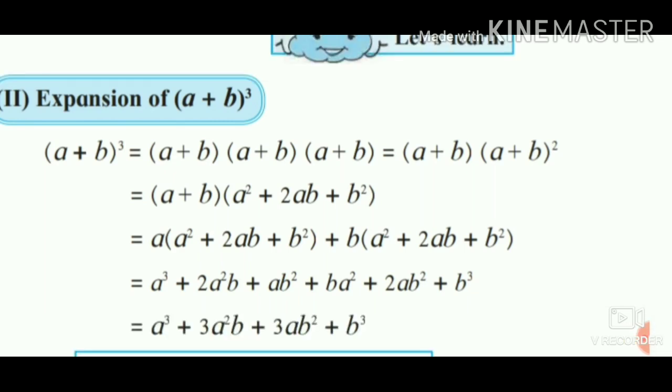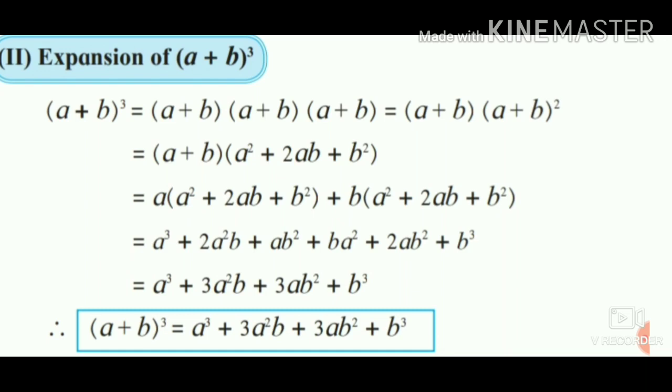So 1a square b and 2a square b will get added, and you will get 3a square b. So 2 plus 1 is 3. Whereas again you see ab square is coming once, and the next is written as 2ab square. So 2ab square plus ab square will give you 3ab square, plus b cube. In that way, (a + b) the whole cube gives you a cube plus 3a square b plus 3ab square plus b cube.